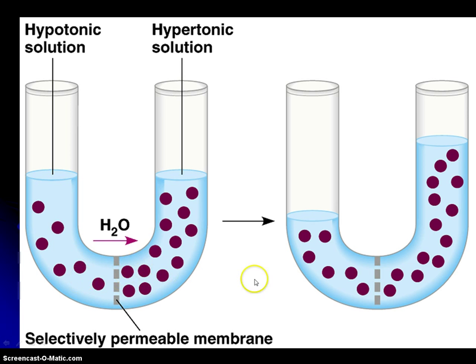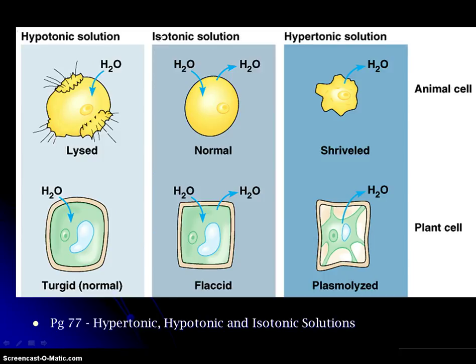When that happens, the water is going to move more towards this side to balance out the water ratio with the molecule ratio. If this is the higher side, then you get hypertonic, and this side is going to be hypotonic.